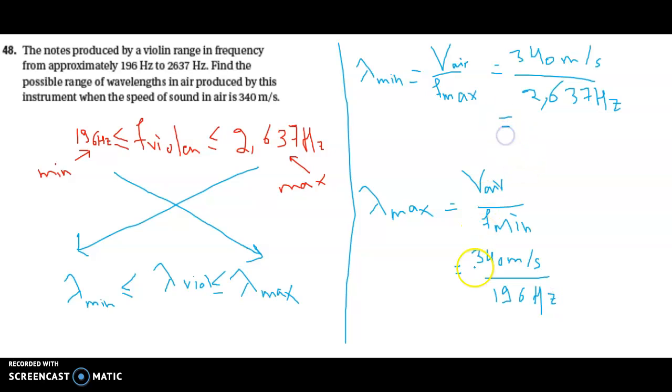Find the values. So we have 340 divided by 2637. It is 0.128 meter.